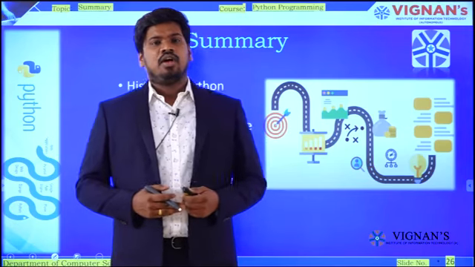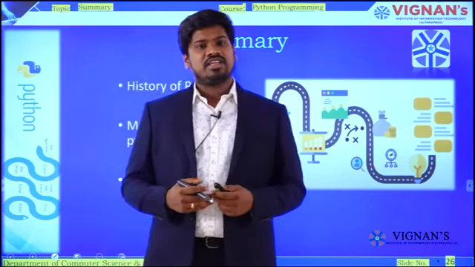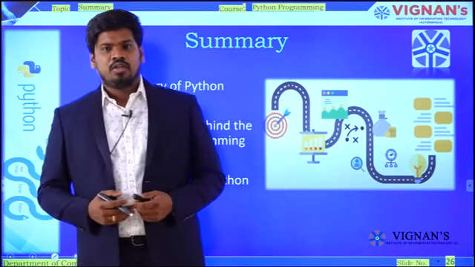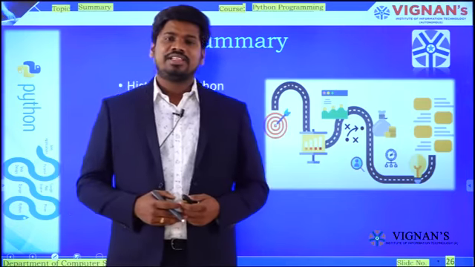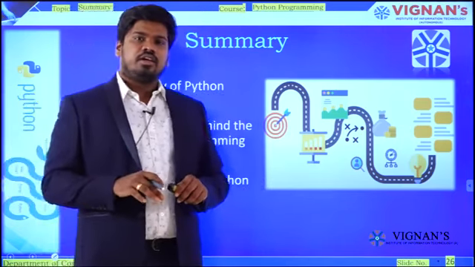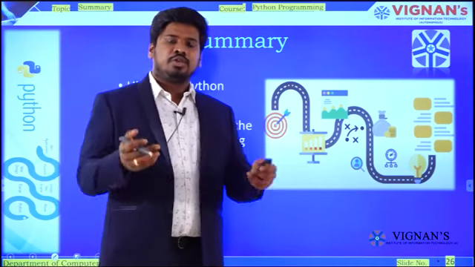And next, how Python programming has increased, taking advantage over other programming languages. Hope by this lecture 1, you are in a position to choose why Python should be your priority.